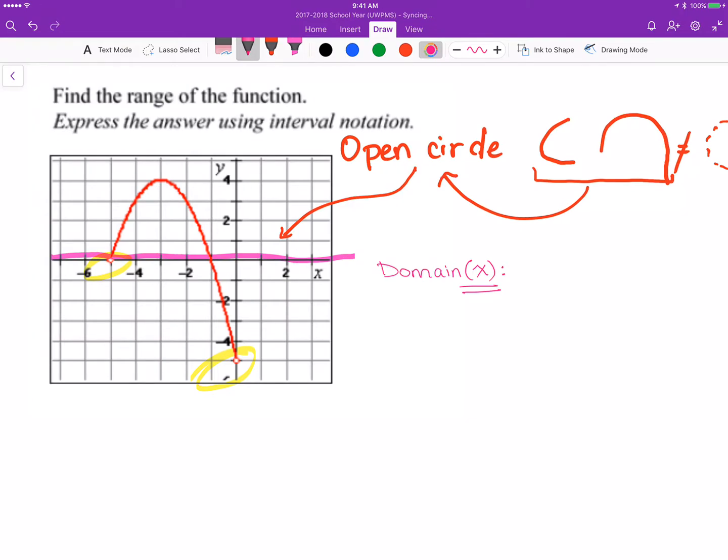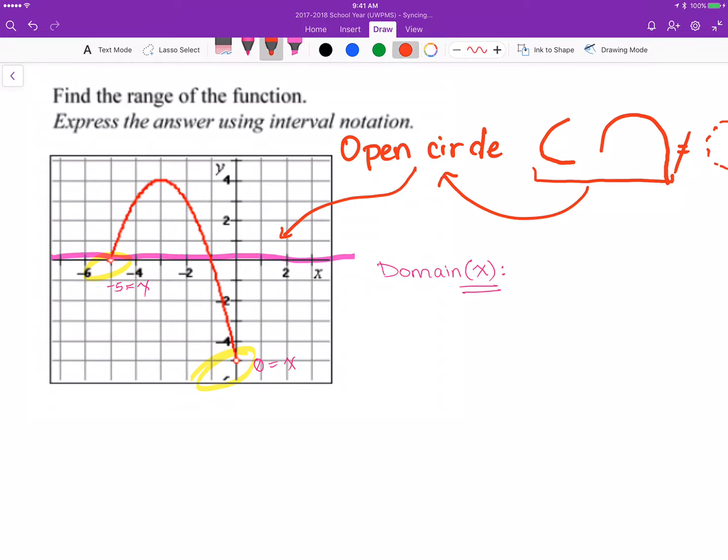The domain for that will be from 5 open to 0 open, right? X open. I think I might have said close, but that's an open. That means it's not counted.